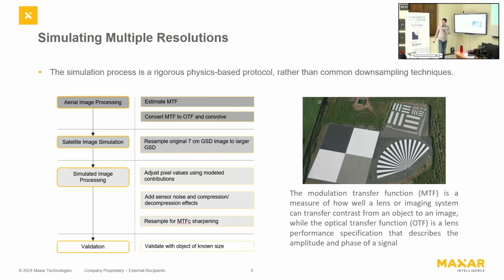How do you simulate multi-resolution? This is really crucial when you are training models. For example, a model trained on 30 centimeter images might not work if you have a 50 centimeter image. So one thing that people do is to simulate a 50 centimeter image so that you can train your model on 30, 40, 50, 60, and so you have a multi-resolution model.